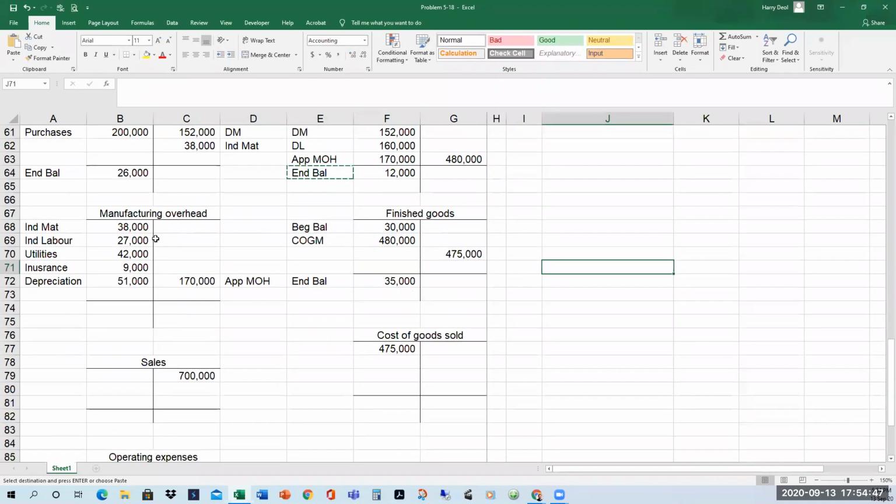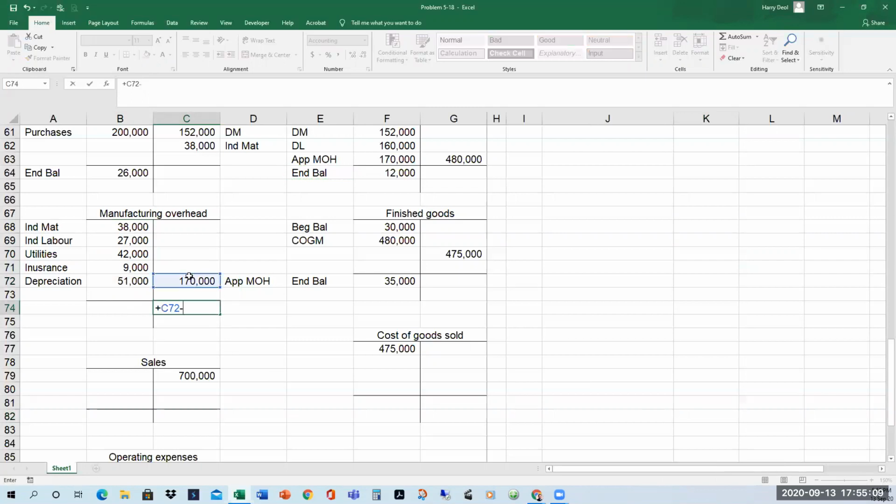For manufacturing overhead, on the credit side, we have a single line, 170,000. The debit total is $167,000. So because the credit side is heavier, we are going to have a credit balance for manufacturing overhead.